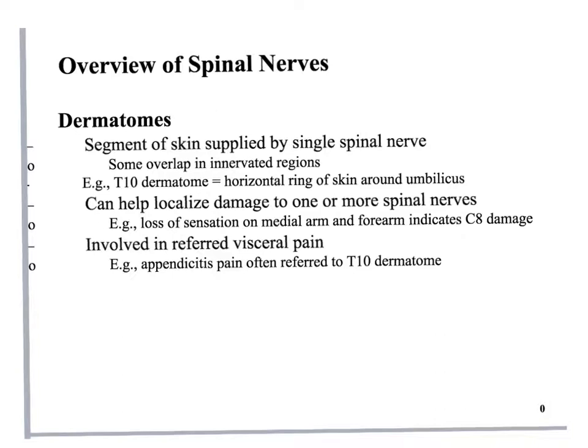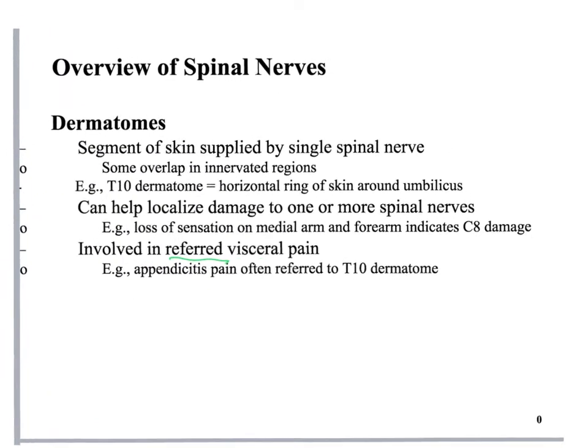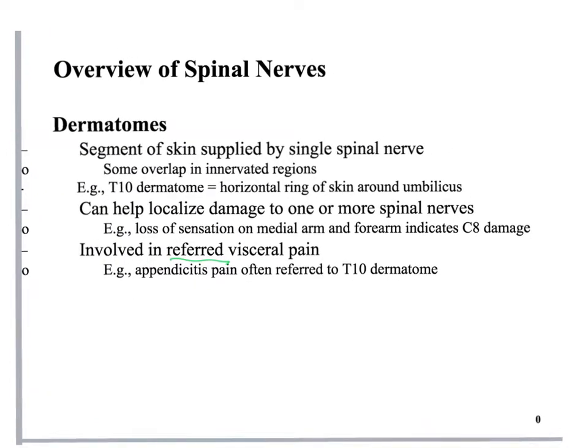Referred pain is where you have something happening in one area of the body, especially internally, and you end up getting a pain in some other area of the body. That is called referred pain. And because the spinal nerves are involved, there are connections, and this is how referred pain happens.